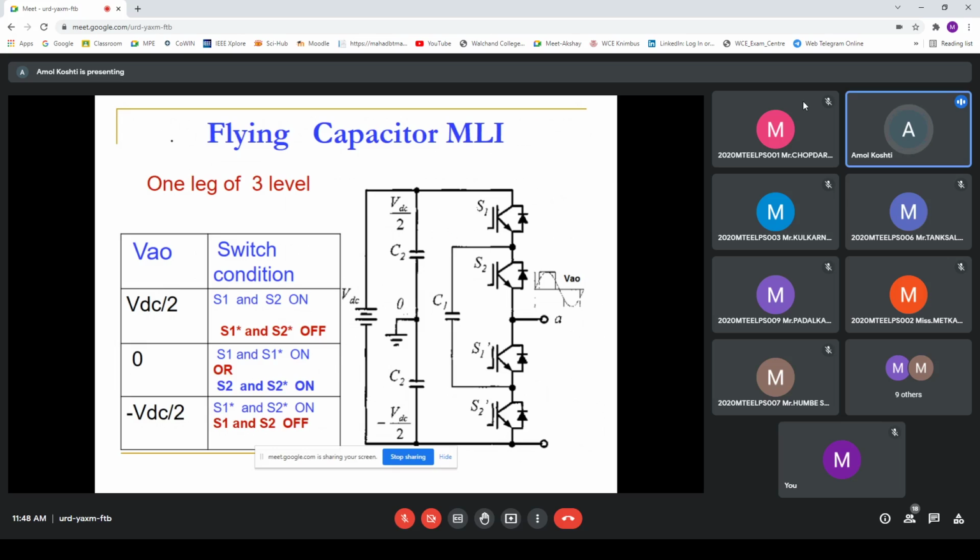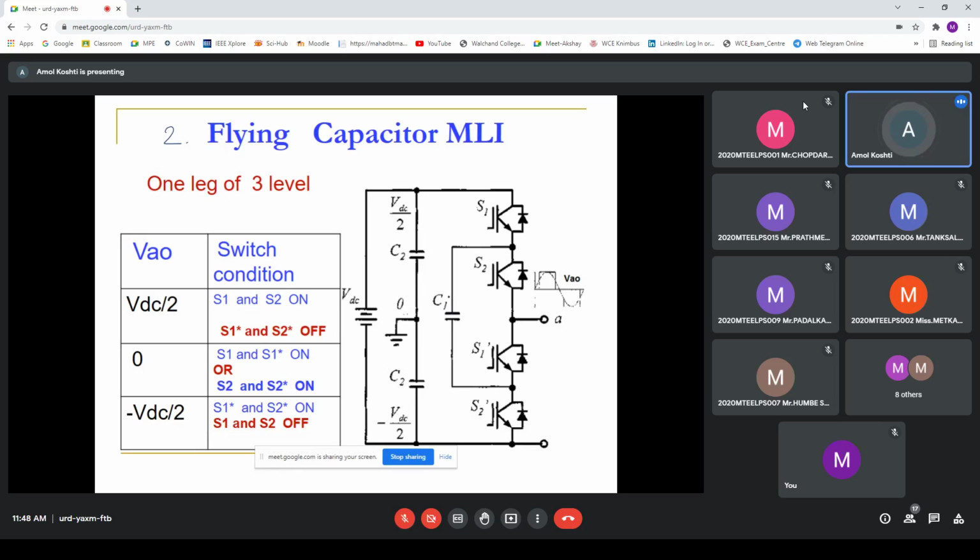the second type of multi-level inverter is the flying capacitor multi-level inverter. So what does flying capacitor mean here? The concept of this flying capacitor multi-level inverter is the same as that of the diode clamped inverter. The only difference is that instead of diodes we are using capacitors to clamp the voltage.